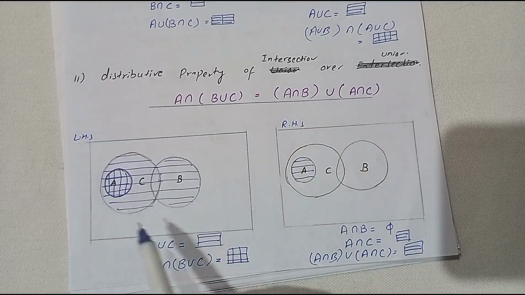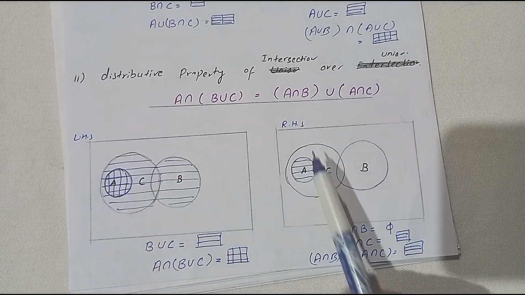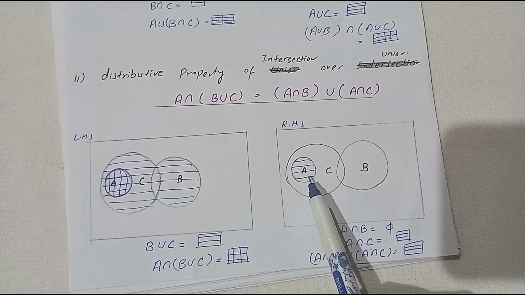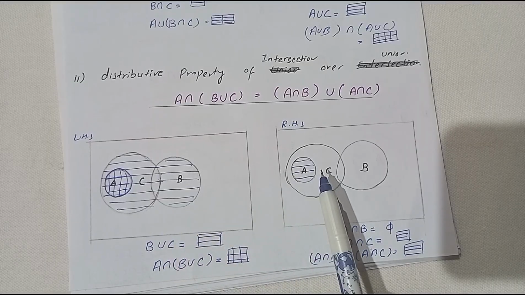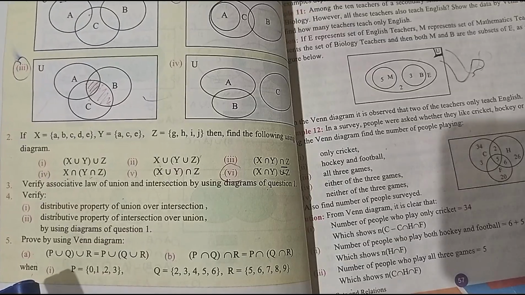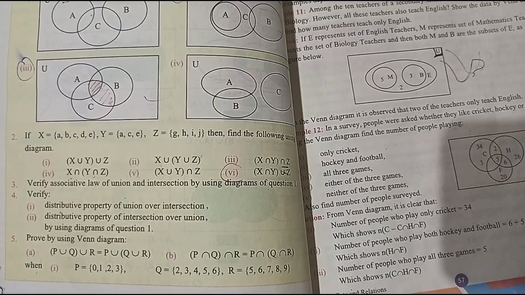So the answer of the left hand side shading is the A set, and on the right hand side the union of A intersection B and A intersection C is also equal to the A set. So both left and right hand side shading is the A set, so they are equal to each other. Question number 5 of 3.1 is proved by using Venn diagram.